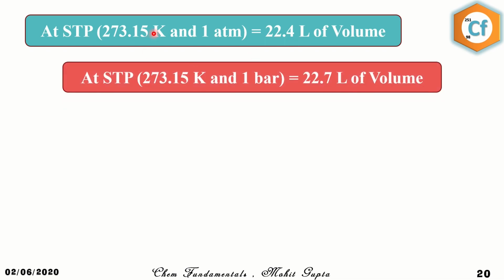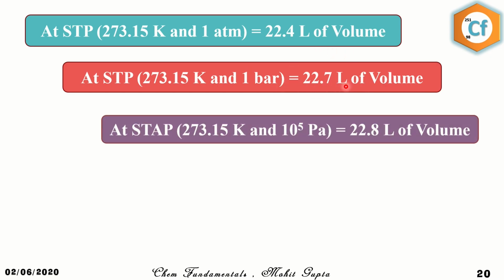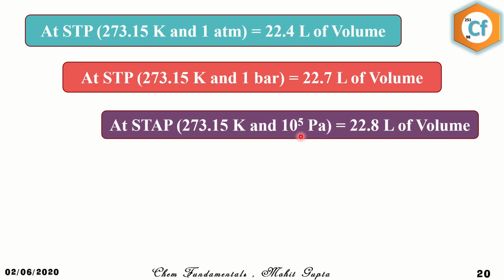However, if I take pressure as 1 bar, then the value becomes 22.7 liters. And at the end, if I take pressure as 10 to the power 5 Pascal, exact value, then I'll get 22.8 liters. Actually, 1 bar is equal to 10 to the power 5 Pascal. However, the value differs in decimals, and on rounding off, I end up with 22.8 liters of volume.